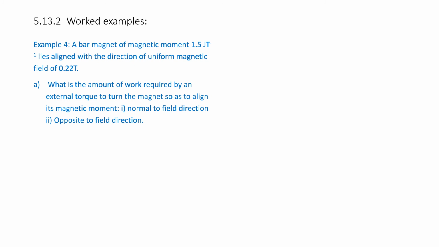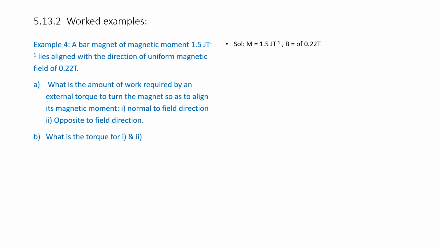A. What is the amount of work required by an external torque to turn the magnet so as to align its magnetic moment: number 1, normal to the field direction, and number 2, opposite to the field direction? And part B is, what is the torque for section A part 1 and section A part 2?